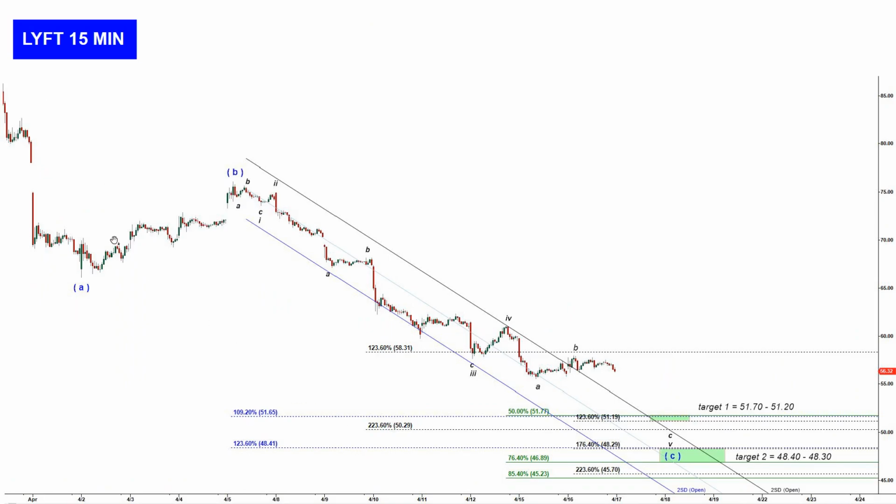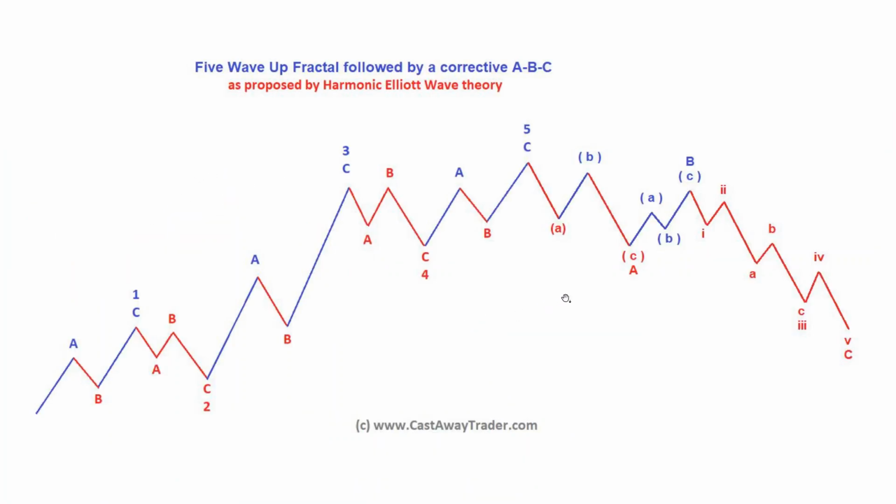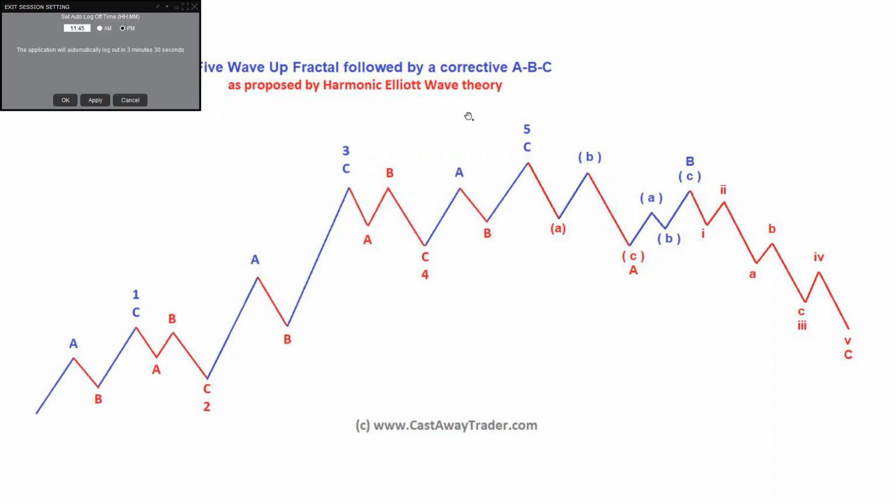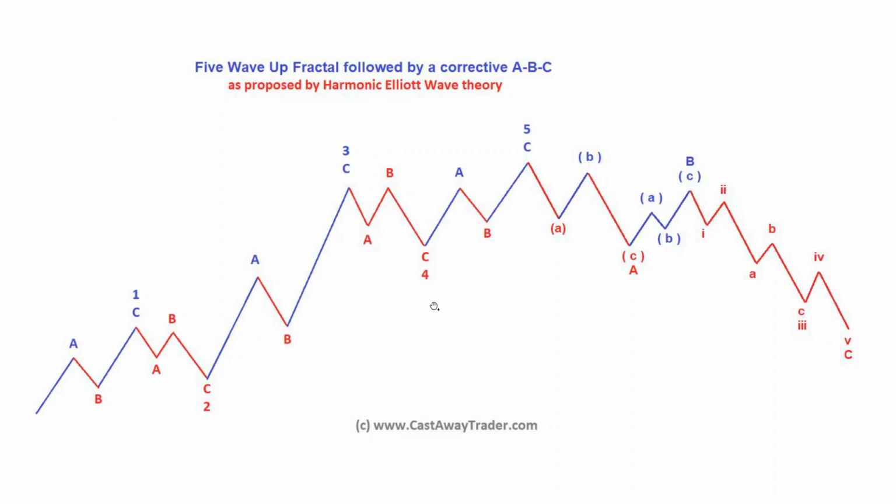And I want to show you again that micro chart of LYFT. We got A down, B up, and C down, and here is the catch. Those ABC might not be the whole ABC needed to correct that huge rally which started in 2011 and topped in 2018.